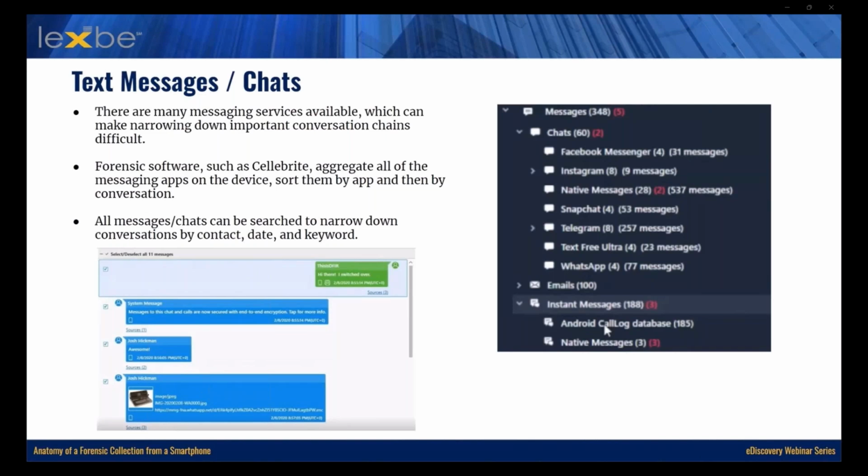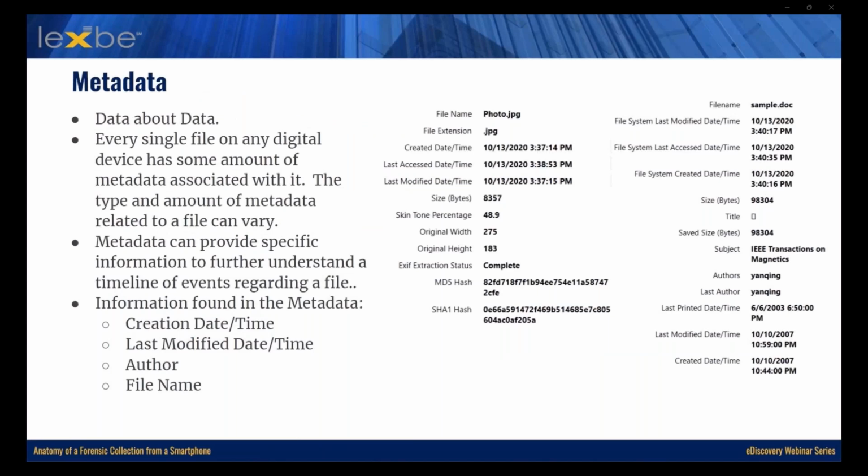Now, metadata. What is metadata? I'm sure if you've been on my webinars before, you've seen this slide, but metadata is data about data. Every single file on a digital device has some amount of metadata associated with it.